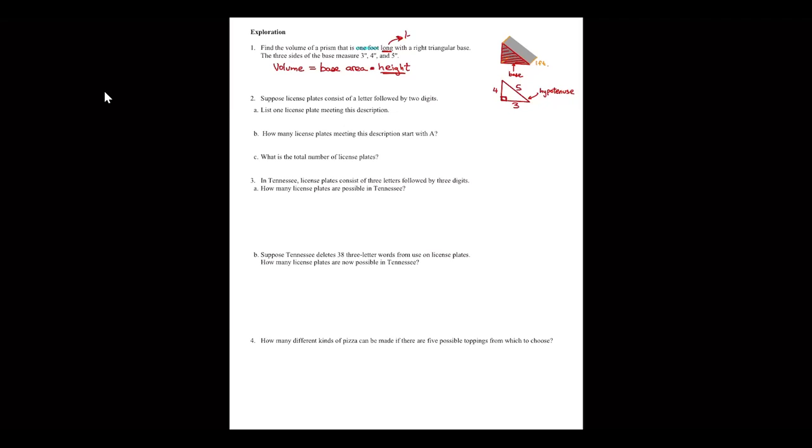So length, height, and depth all play the same role when it comes to 3-dimensional figures.